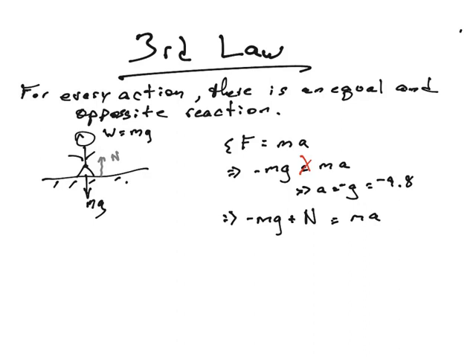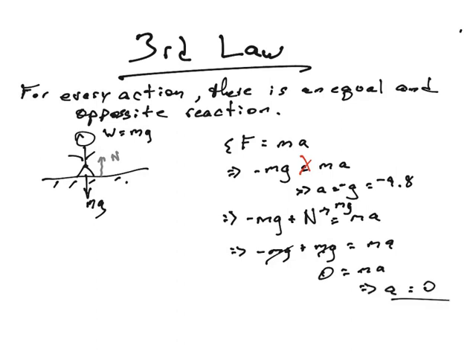And if N happens to be the same amount as your weight, then what you get is minus mg from your weight, plus the normal force, which is also mg, because we're saying it must be the same size. That's equal to ma. Well, this cancels this, so you get 0 equals ma, which tells you your acceleration must be 0. You're not moving.